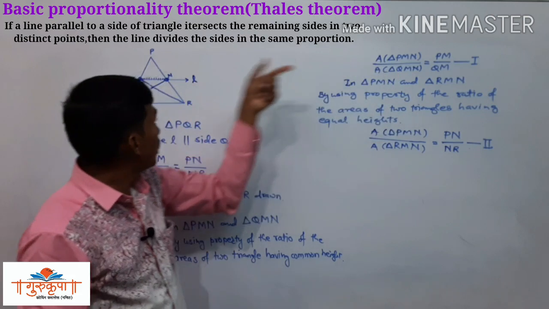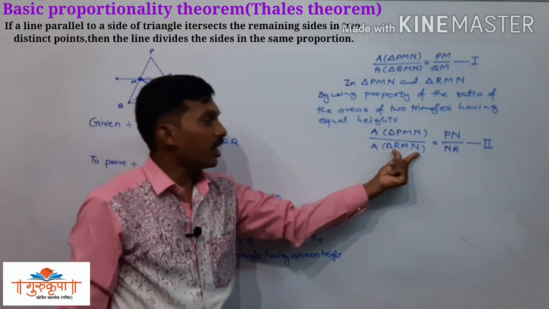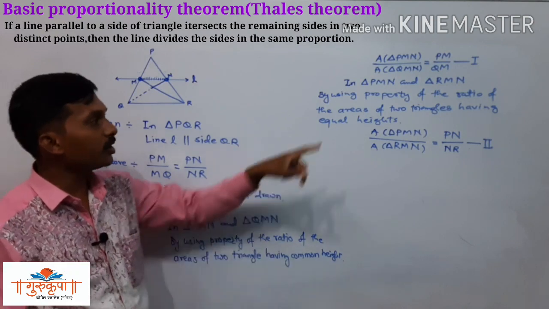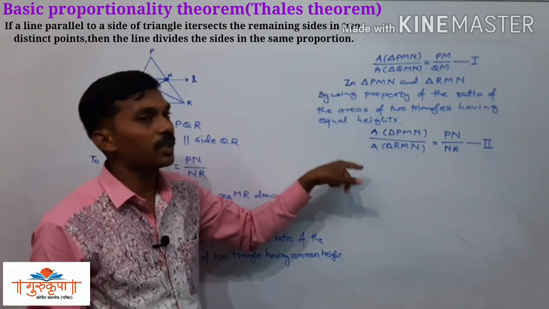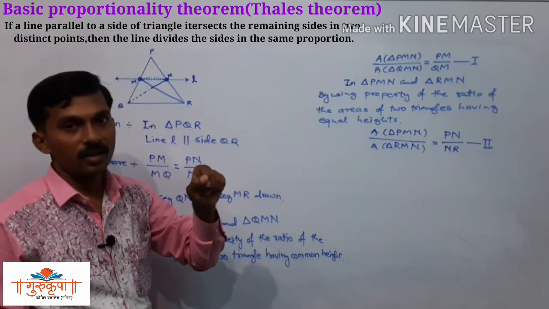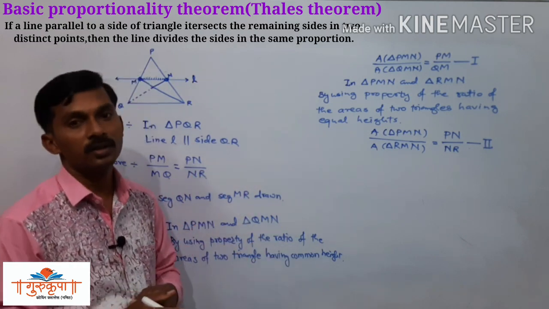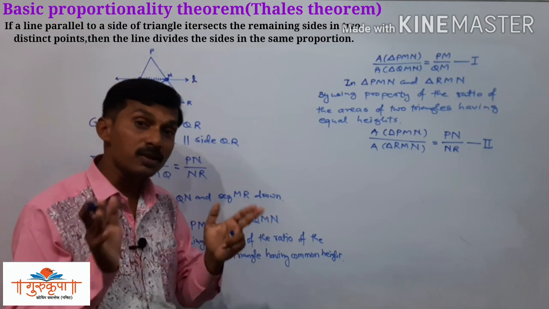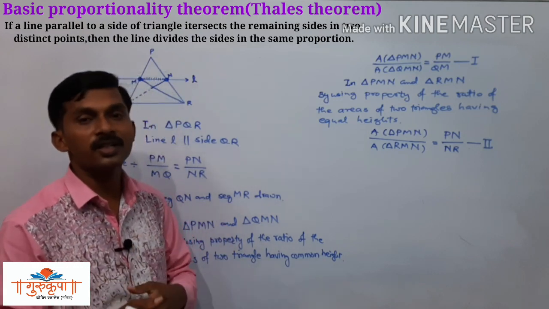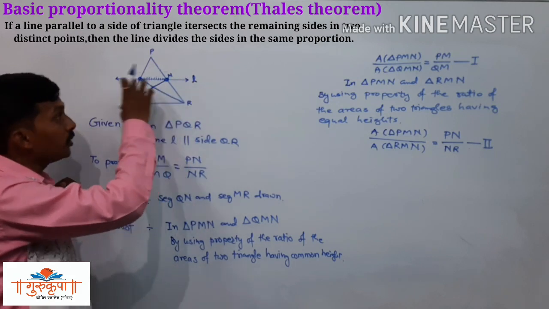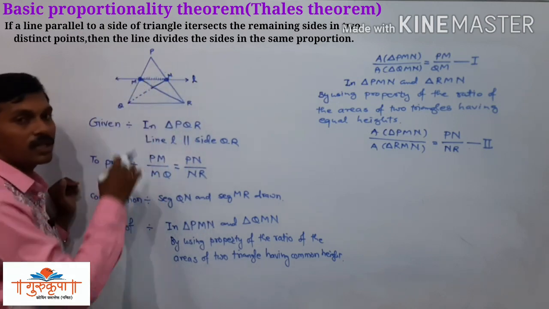ट्रायंगल QMN त्याचा बेस पण MN आहे आणि ट्रायंगल RMN त्याचाही बेस MNच आहे. दोघांचा बेस इक्वल आहे. Both the triangles are having equal base and we can say that their heights are also equal. How are their heights equal? Since both the triangles are included between these two parallel lines.